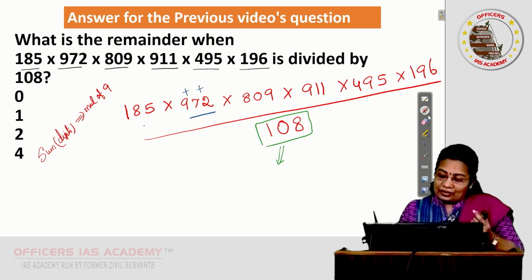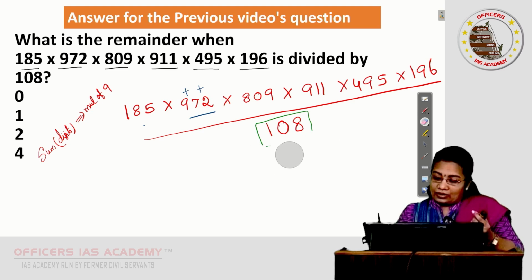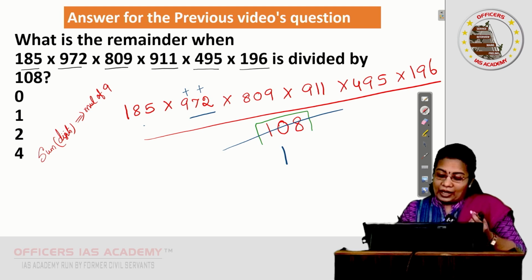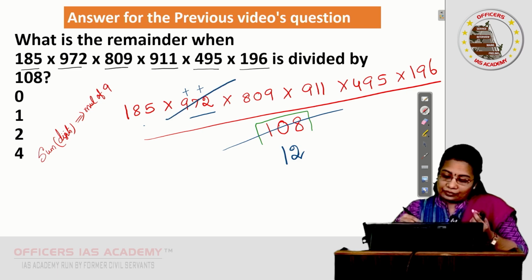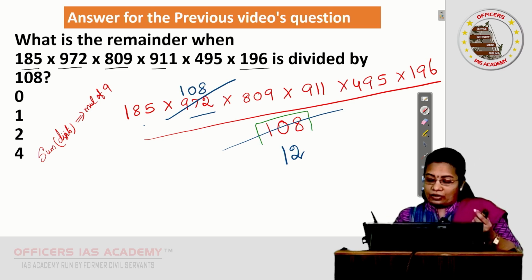So I can cancel. Here this 108 I am going to cancel with the number 9. 1 times 9 is 9, balance 2, 2 times 9 is 18, I got 12. Here I can cancel. 1 times 9 is 9, 0, 8 times 9 is 72. Further I got 12 here.